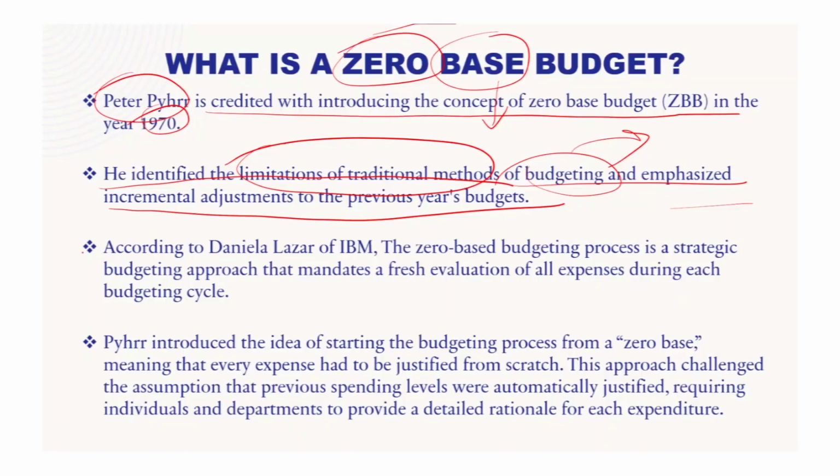Now, according to Daniel Laja of IBM, the zero based budgeting process is a strategic budgeting approach that mandates a fresh evaluation of all expenses during the budgeting cycle. So it is compulsory that whoever or whichever department is preparing the budget, be it the sales budget, cash budget, fixed budget, capital expenditure budget, labor budget, or master budget, each budget will be prepared based on a fresh evaluation of all expenses during the budgeting cycle itself.